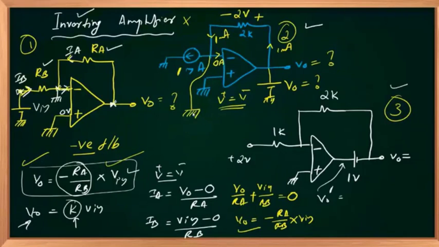Then if you are applying Kirchhoff's voltage law, what is Kirchhoff's voltage law? Sum of voltages in a closed loop should be equal to 0. So I have to find V out. I'm starting from here, ground. Negative to positive, I am taking as a positive quantity.